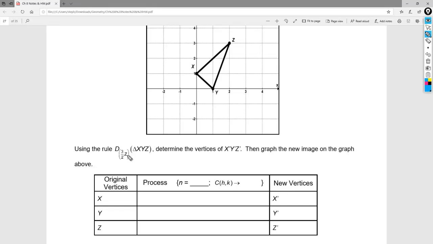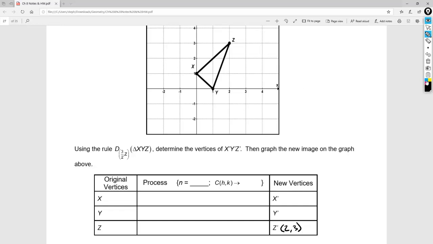My scale factor is greater than 1. I'm centered at Z, so I know that my new vertex at Z will not change. I know that right off the bat, so this will remain 2, 3.